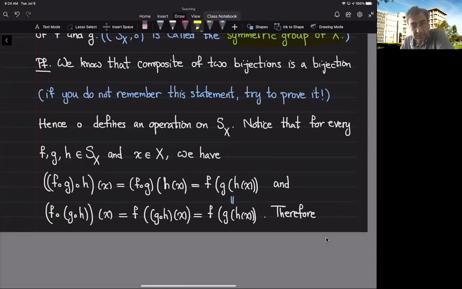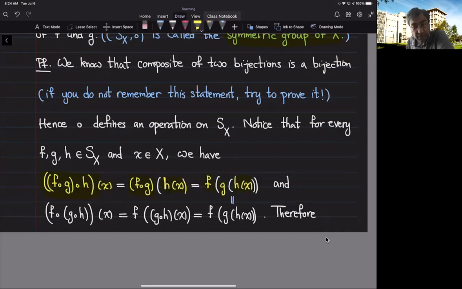Next, we notice that composition is associative, and this is exactly the type of computation that I have done earlier. When I apply the function f∘g∘h to x, that by definition means f∘g applied to h of x, and that means f applied to g of h of x.